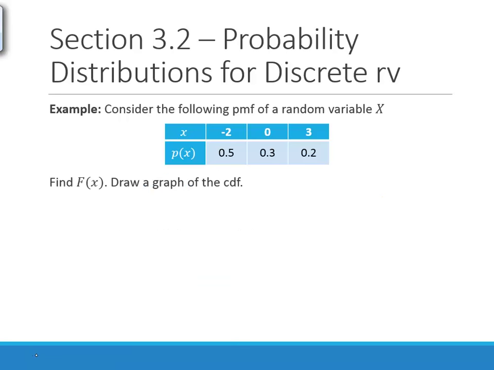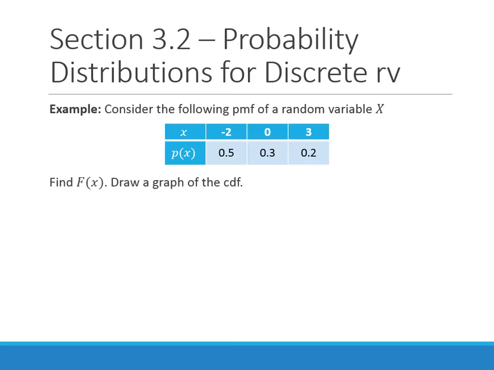Okay, so let's look at an example here before we finish up today. So here's our generic random variable. It takes on three possible values: -2, 0, and 3. And there we have the probability of each of those things.